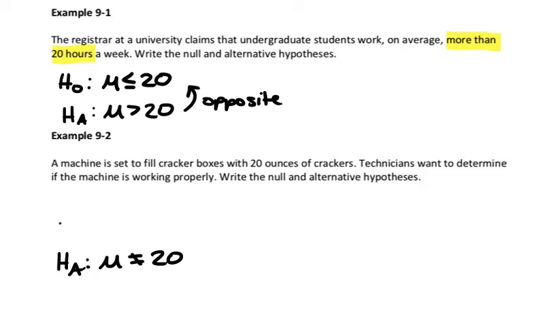And so my null hypothesis is that the mean is equal to 20. The opposite of not equal to 20 would be that it is equal to 20. So this would be my null hypothesis.